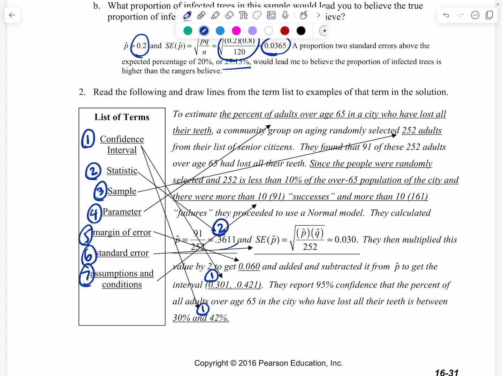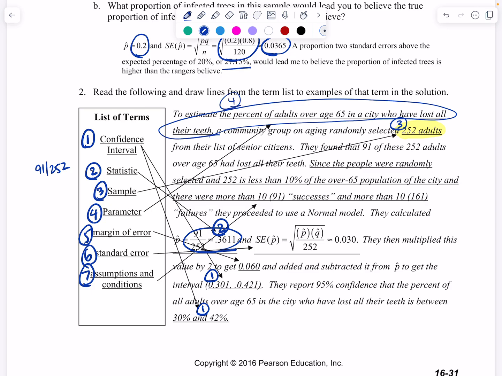So that's just my actual numbers, the 91 out of 252. Let's follow the sample. The sample is this one here, a set of data taken from my population. The parameter is not a number, it's who I'm studying.